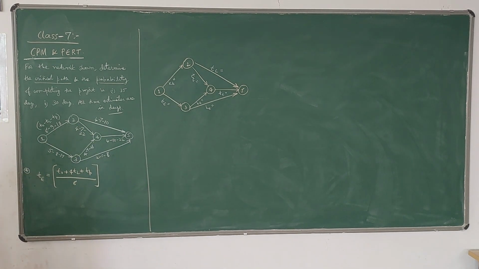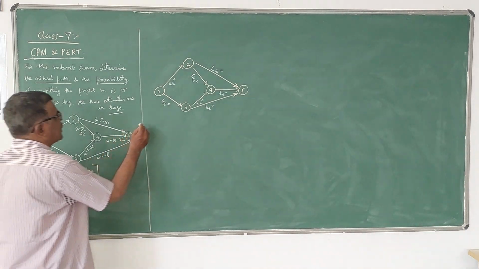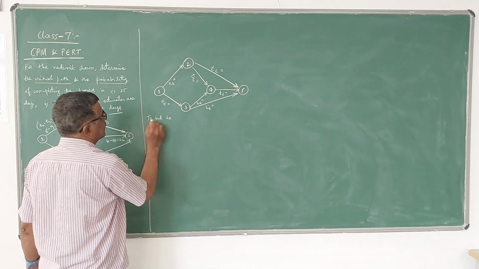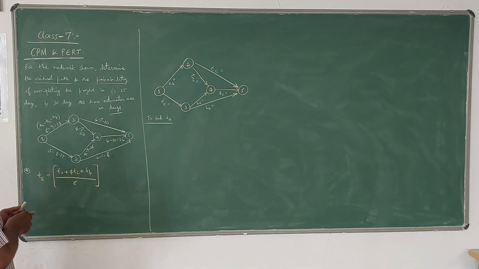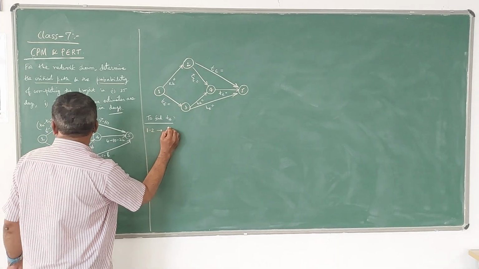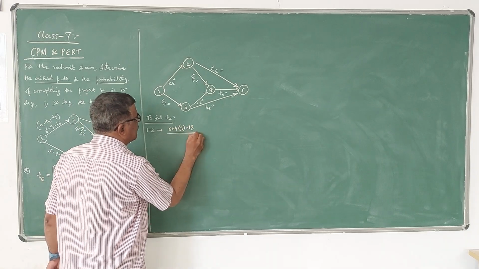For activity 1, 2, it is 6 plus 4 times 9 plus 18 divided by 6.